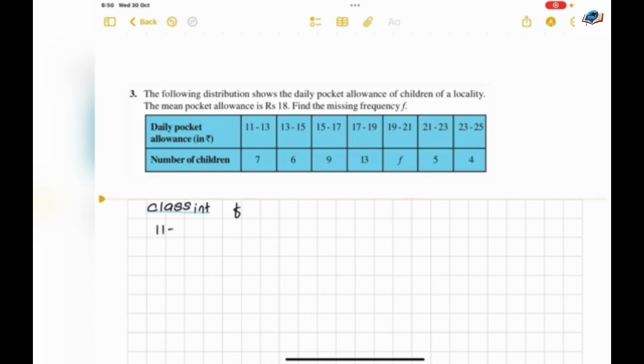So first let me do class interval, then f. Class interval is 11 to 13, value is 7, 13 to 15, value is 6, 15 to 17, value is 9, 17 to 19, value is 13, 19 to 21, f, 21 to 23, 5, 23 to 25, value is 4.